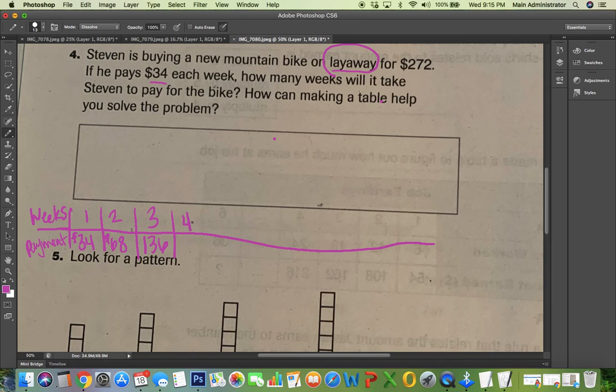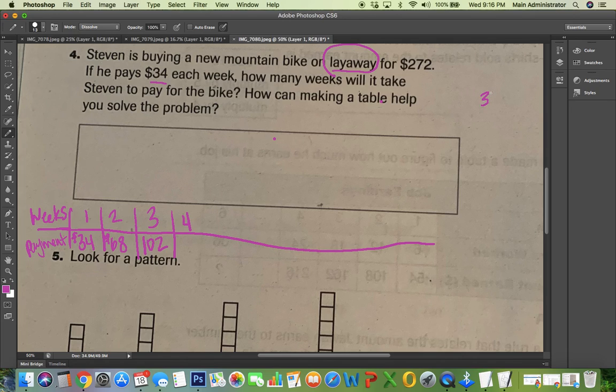On the fourth week, I'm going to take, oh dear, no, I shouldn't have multiplied by 2. I'm adding 34. My mistake. This is not 136. I'm taking 68 and I'm adding 34 more to 68, which would be 102.